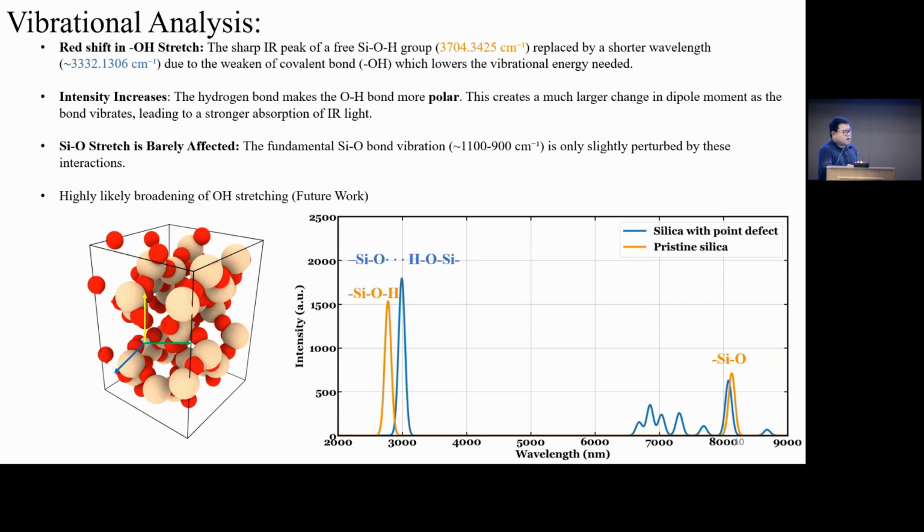The intensity is a little bit larger because the hydrogen bond makes the dipole moment larger, and the hopping also happens even faster. The silicon oxygen stretching is not affected by a lot. It is relatively more stable. But again, this feature is not very stable because, as we showed in the previous slide, the diffusion happens in 0.1 picosecond, which is only about 10 cycles of hydroxyl stretching, and it is still not a complete 1 picosecond stretching lifetime.